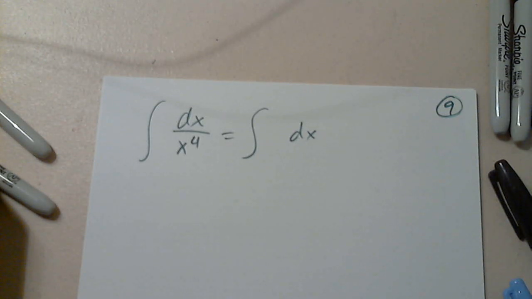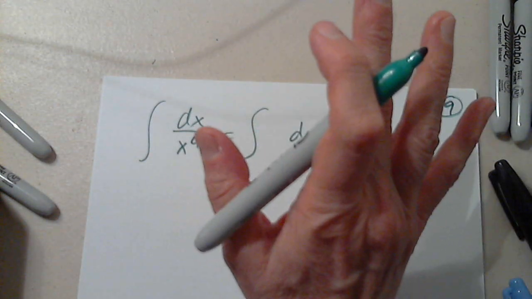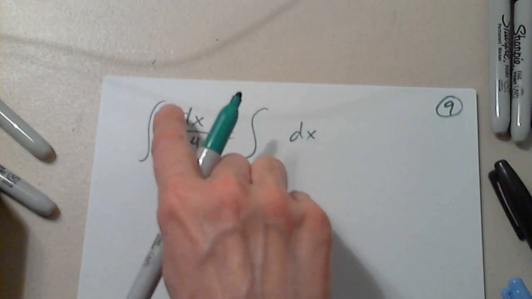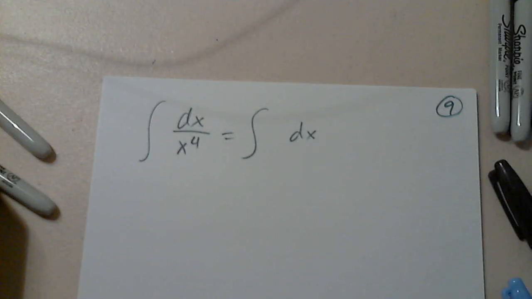I'm not calculating anything. I'm just replacing 1 over x to the fourth with something that it equals, so I can work with it. Right now I cannot work with that. X to the negative 4. Excellent, thank you so much.